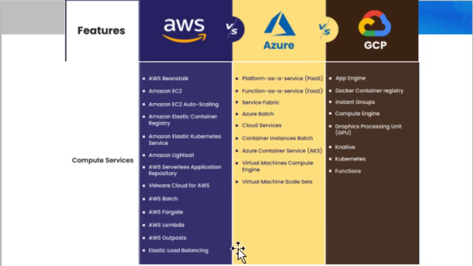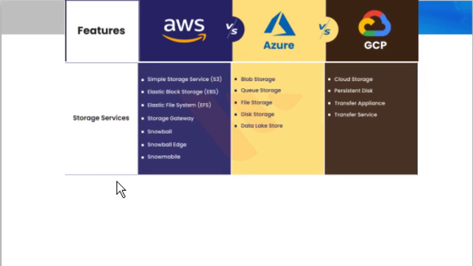So on this screen you can see in detail the comparison of compute services. Then the next one is the storage services. So in detail you can see from here what are the services offered by AWS, Azure and GCP for storage services.